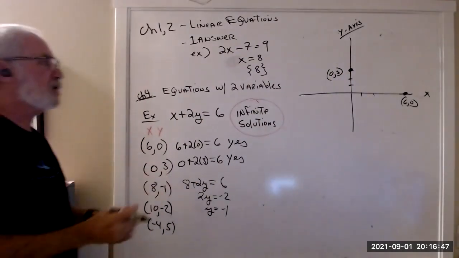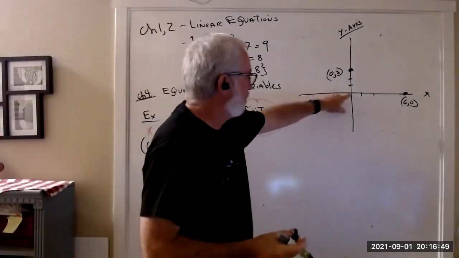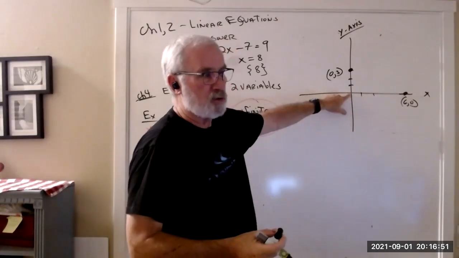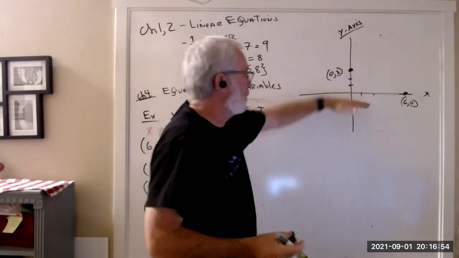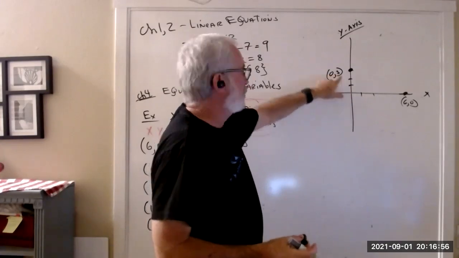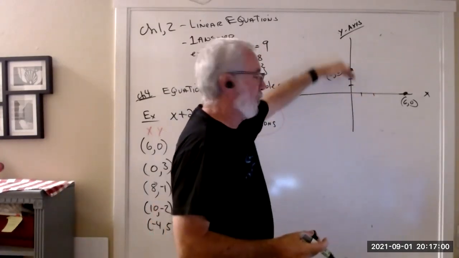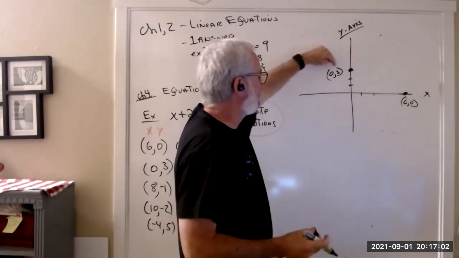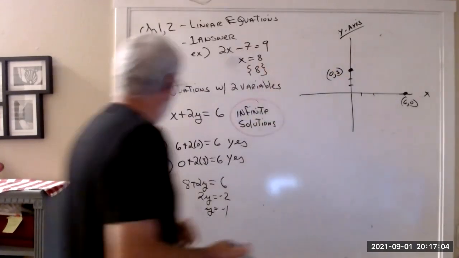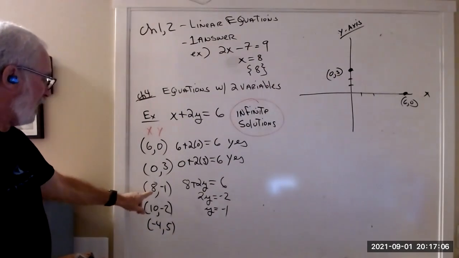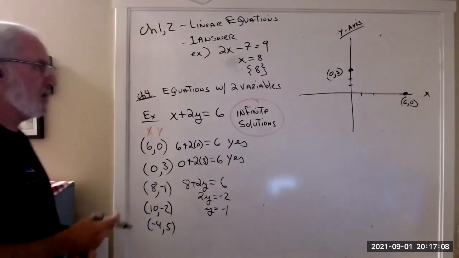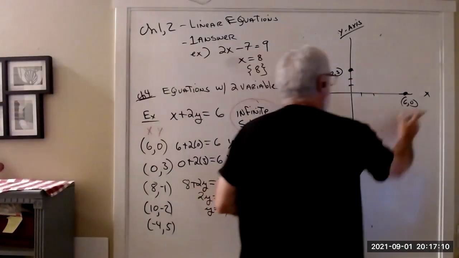So this is literally saying we always start from, that's called the origin, where the two number lines cross each other. We always start from there. This is saying go 0 in the X direction, then go up 3 in the Y. That's what 0, 3 is. Okay, let's keep going. 8, -1. Okay.